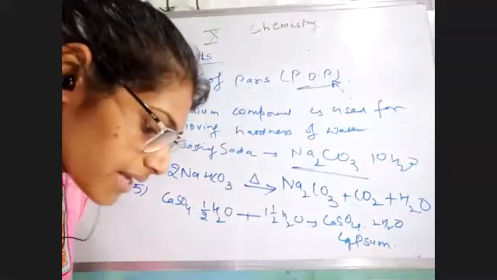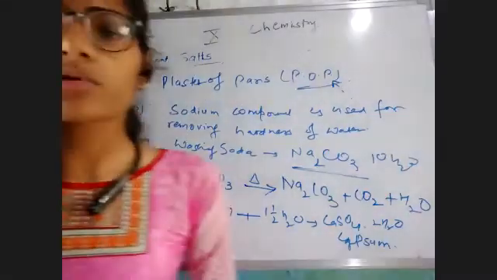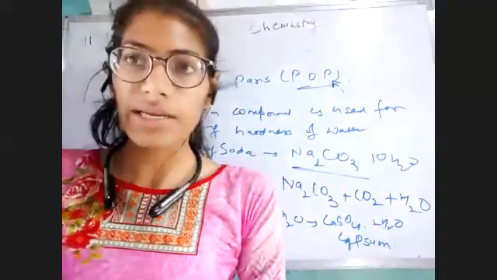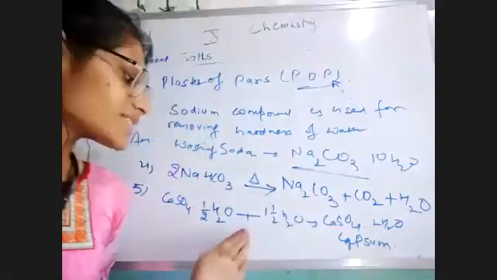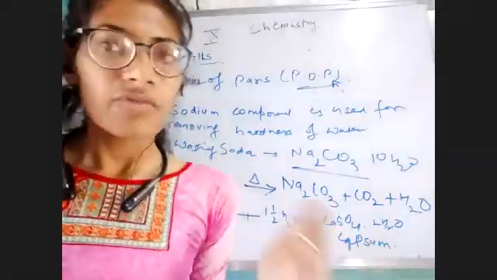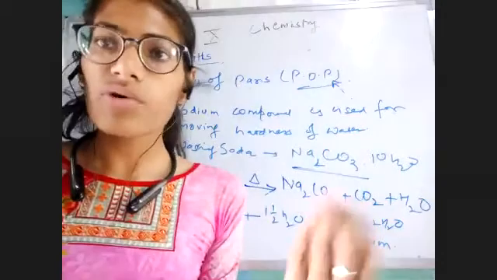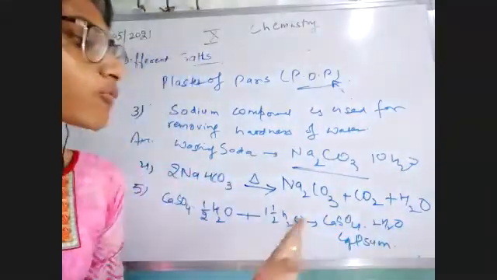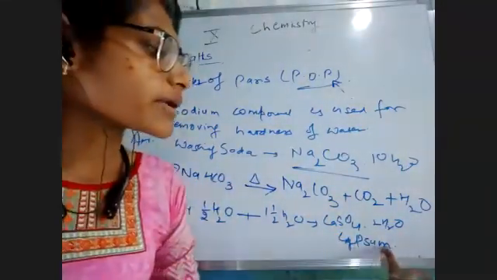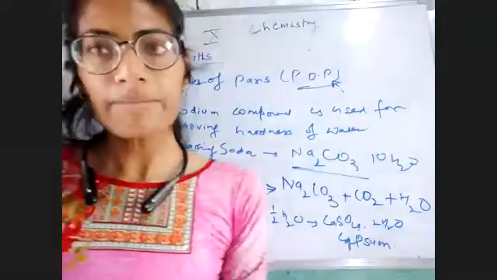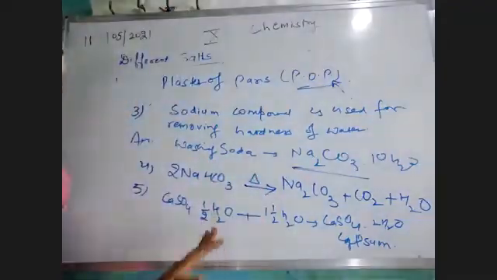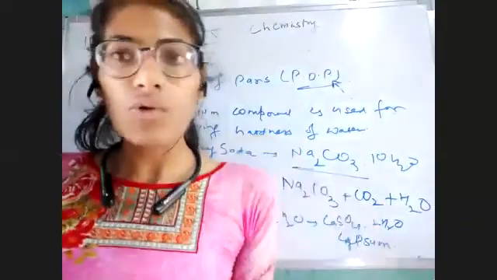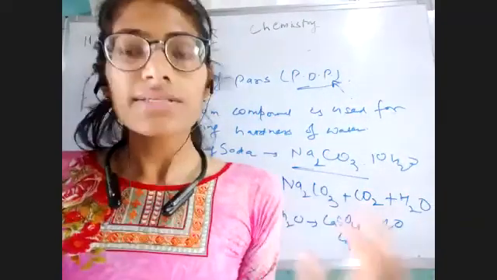So I can say that the water of crystallization process is reversible in nature. Whenever we want, we just heat it, water would be released. Whenever we want, just give it some water, some moisture, and it would again be converted into gypsum.